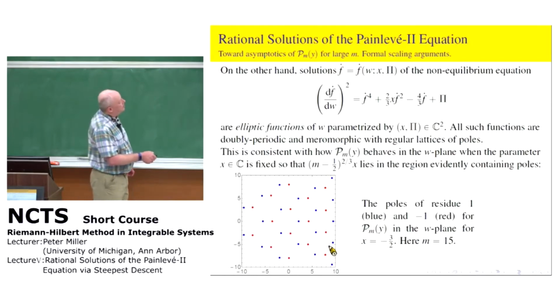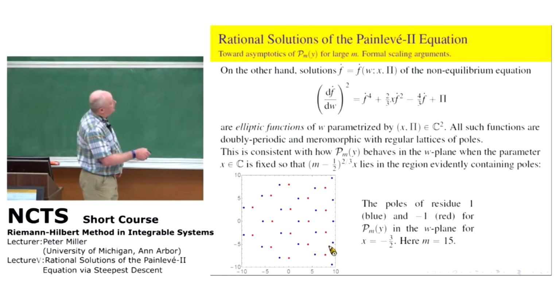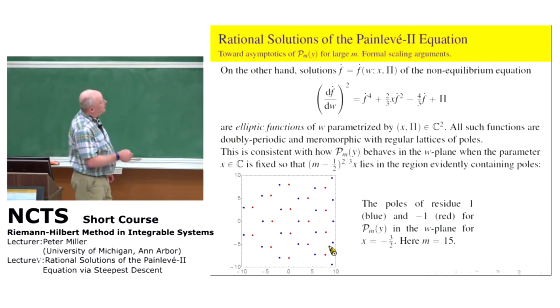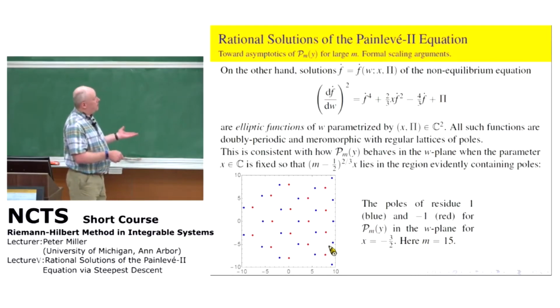So if we look in the w plane, which is where we expect to see an elliptic function, near a fixed point x that's arranged so that this quantity is inside of the triangle, okay? Then this is the w plane, for example, for x equals minus 3/2, m equals 15. You see some red and blue dots like we had before. This is part of the edge of that triangle, and so is this, okay? You can still see the boundary of the triangle there.